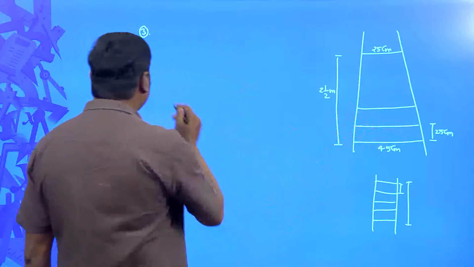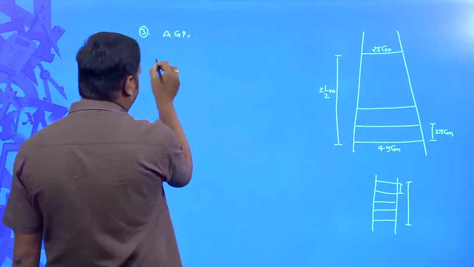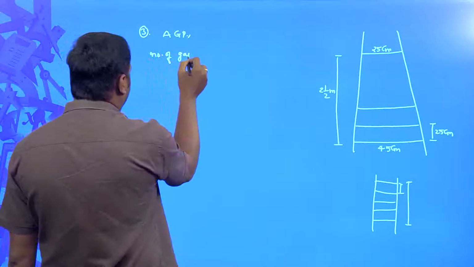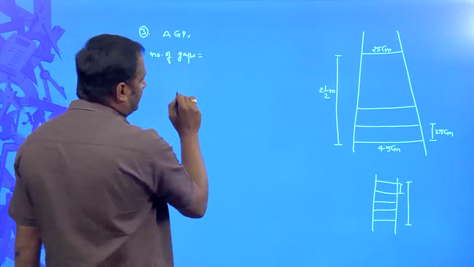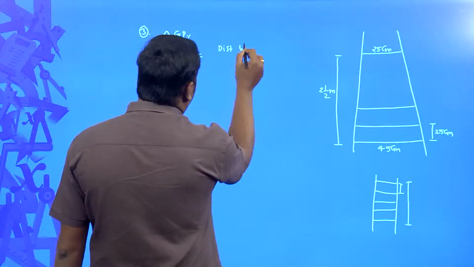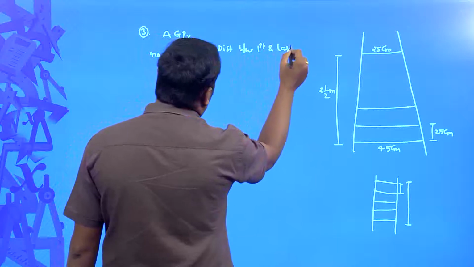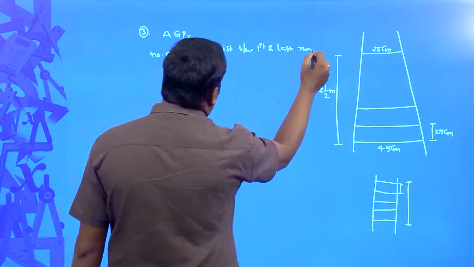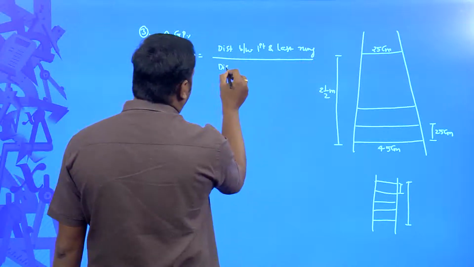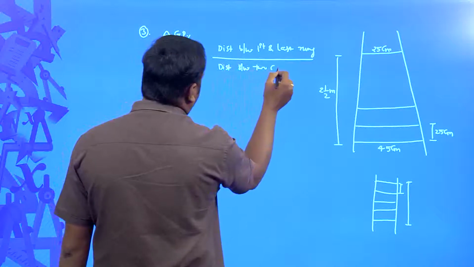See here, according to the given problem, I am going to find the number of gaps. So, the number of gaps between the rungs is equal to the distance between first and last rung divided by the distance between two consecutive rungs.